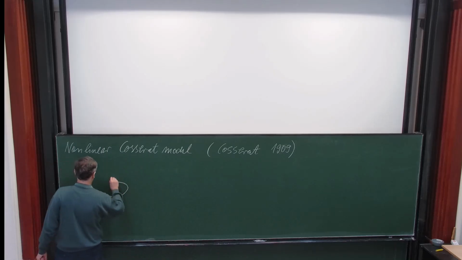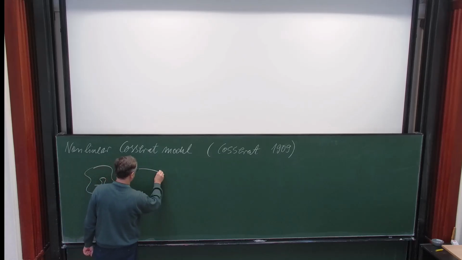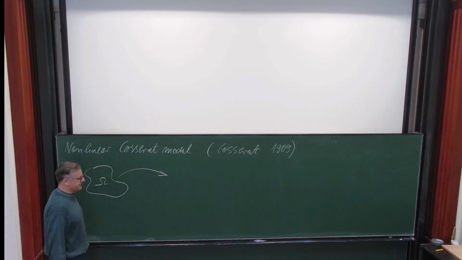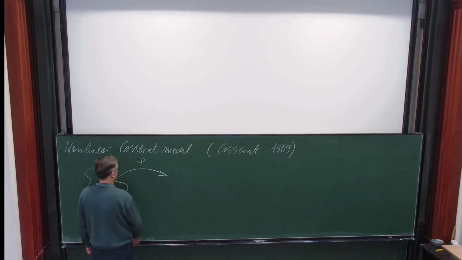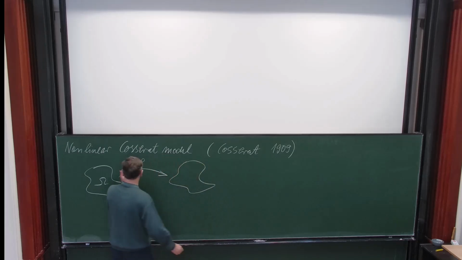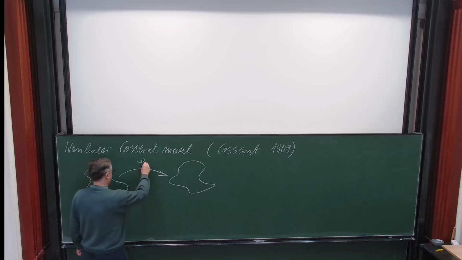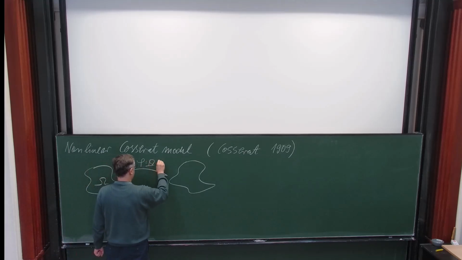Imagine you have a body. And classically, in nonlinear elasticity, you would consider the deformation of the body by a deformation phi occurring due to applied loads on the body. So the phi is a mapping of that domain to R3.